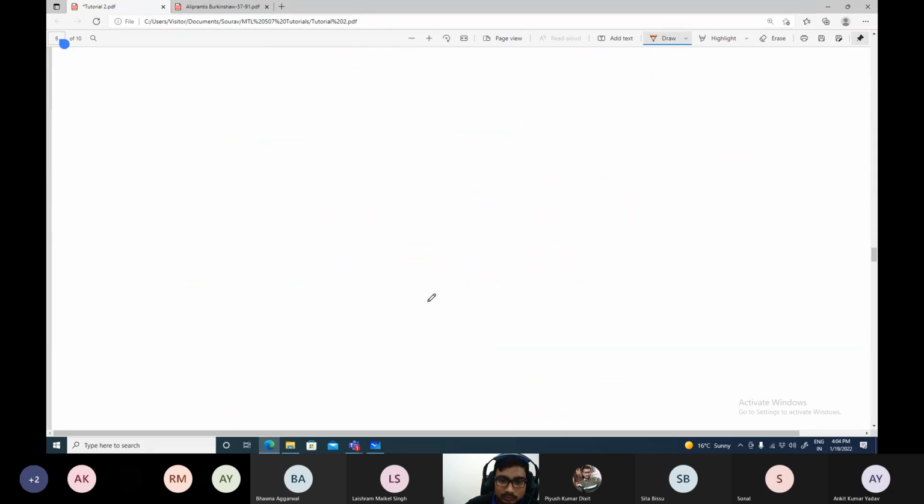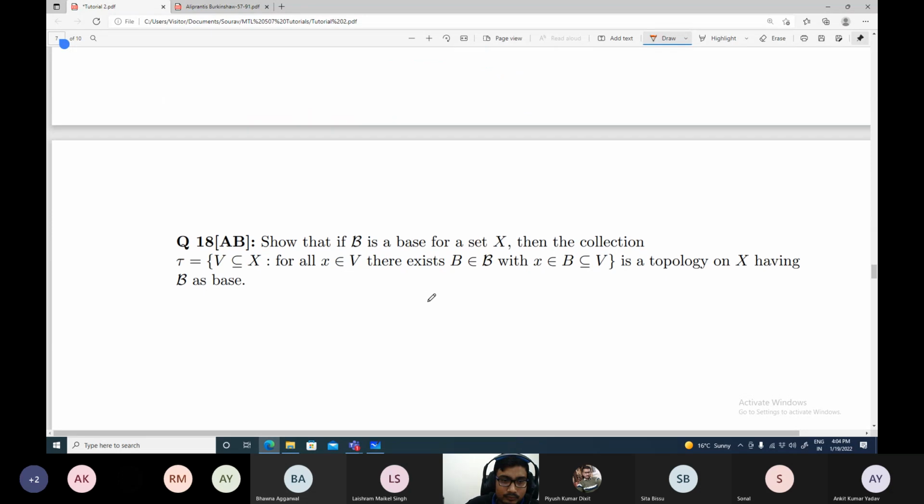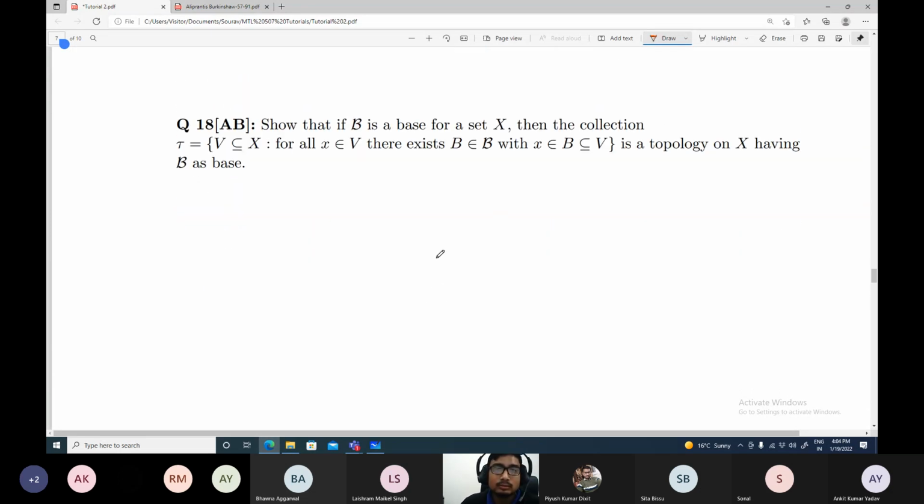We move to the next problem. Here the collection was defined by first taking it as a basis, and sir said that this collection tau will form a topology, right? So have you verified this one?